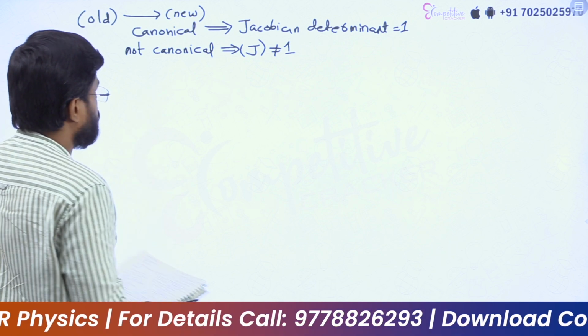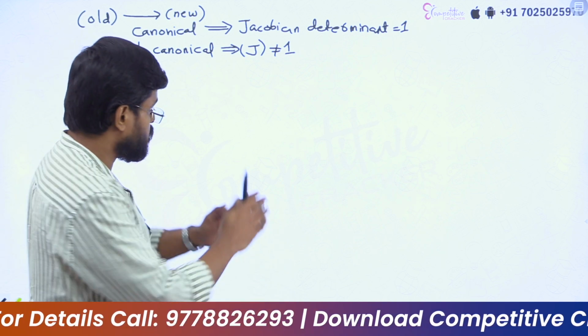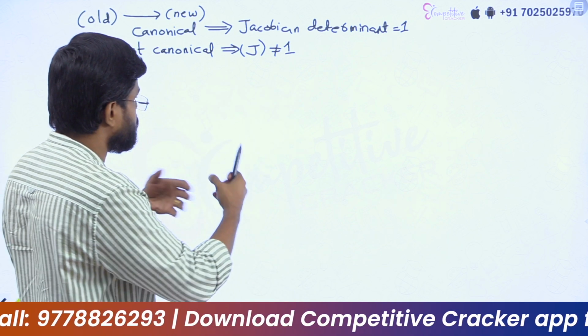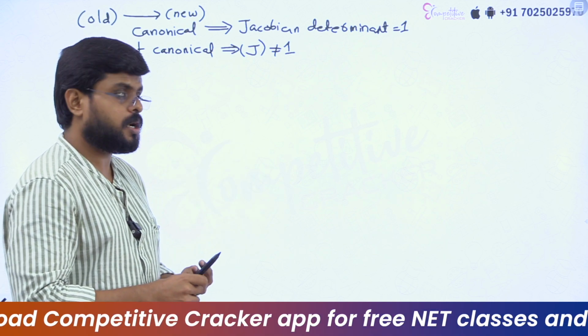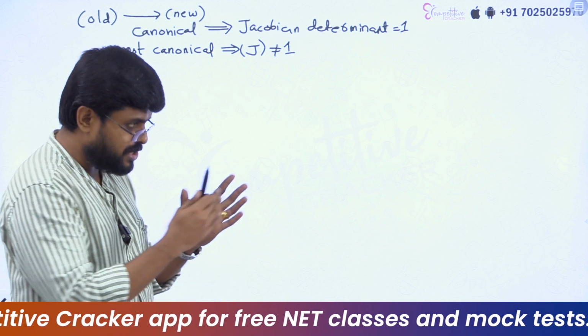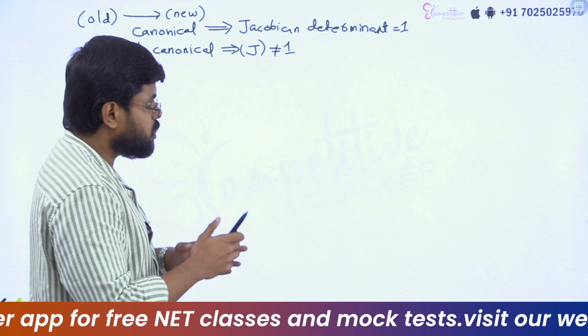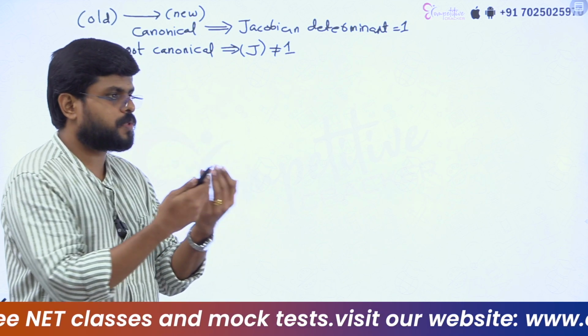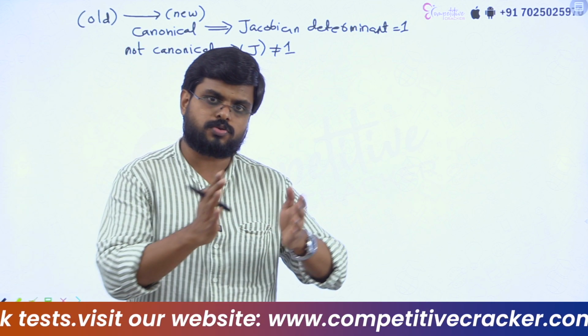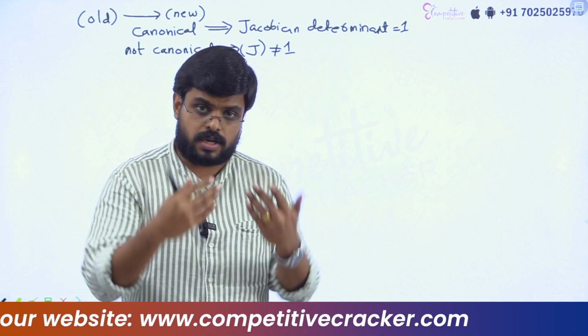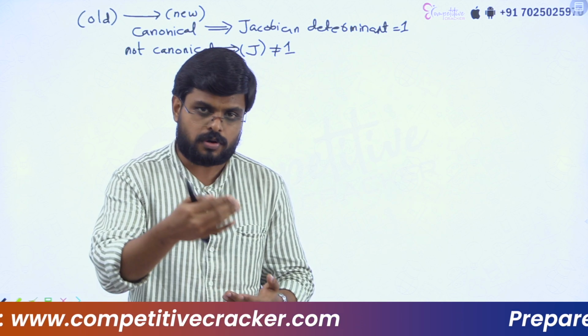I hope you know how to write this Jacobian determinant and what we mean by canonical. Canonical transformation, and a transformation from one coordinate system to another, is very important from the CSIR point of view.